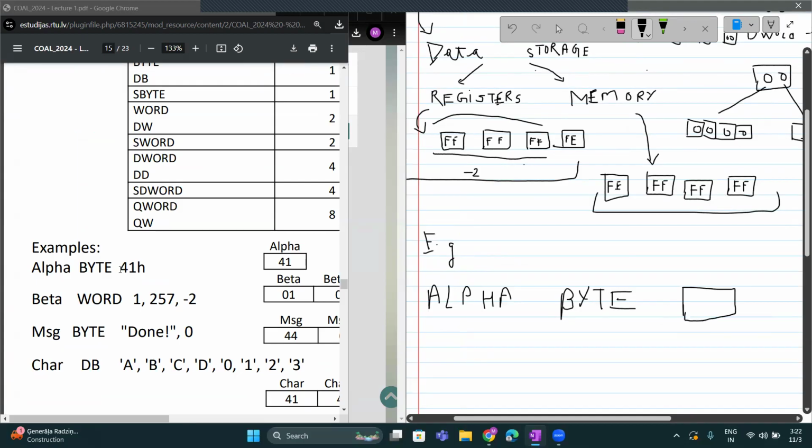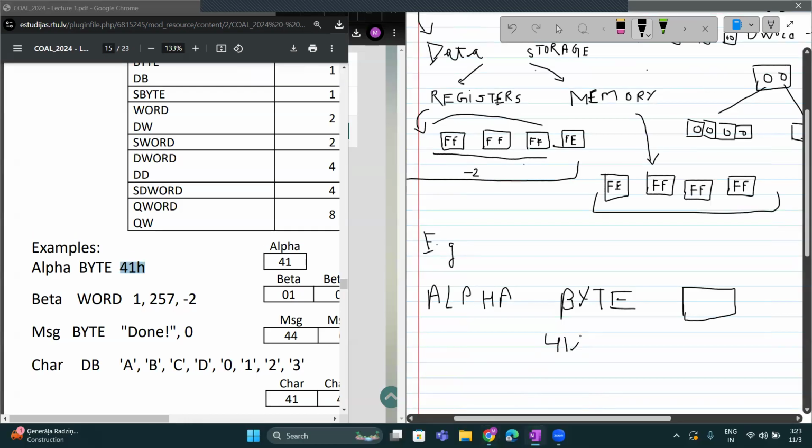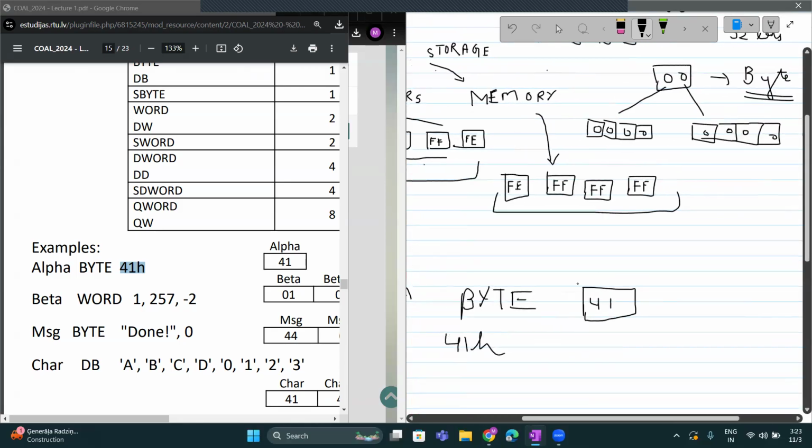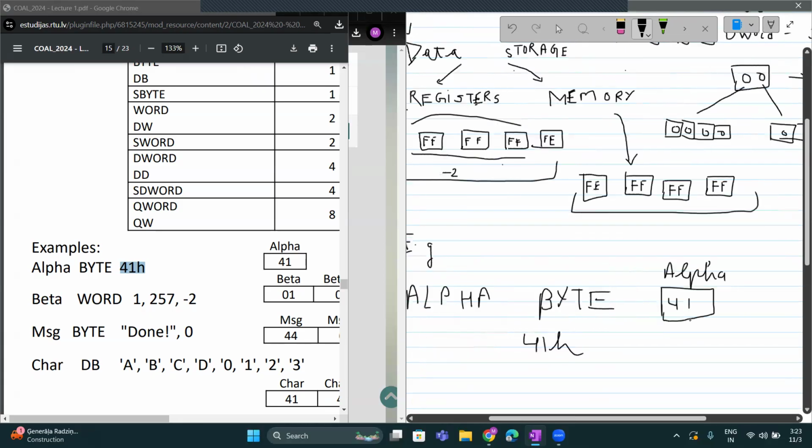And in the byte, we want to write 41 in hexadecimal format. We just write 41 hexadecimal. So this is alpha, whose value is 41 in hexadecimal format.